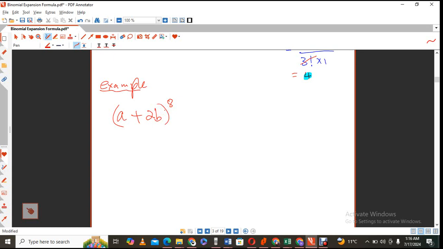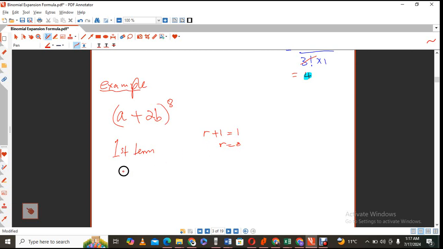So if I was to ask you what are the first 4 terms, then you would say, okay, wait a minute. The first term is going to be, now remember, what is my value of R? R plus 1 equals the first term, so R will be 0.